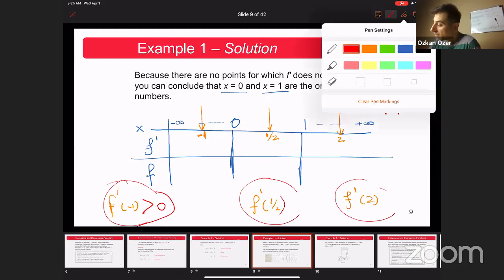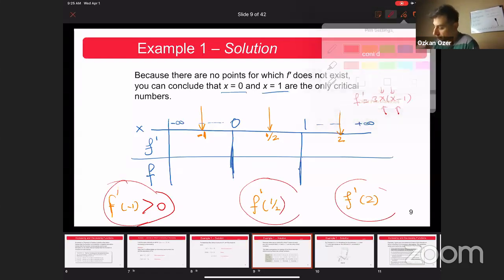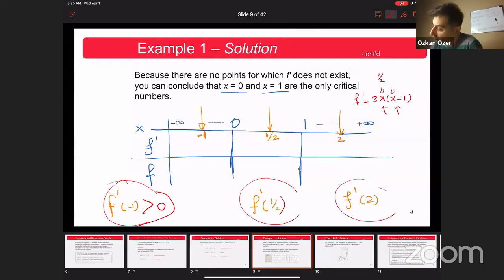So now let's plug in 1/2 for x. Okay, so this part here is going to be 1/2 minus 1, so it's going to be negative, right? And this part here, 3 times x, is going to be positive. So a positive number times a negative number is going to be just negative.